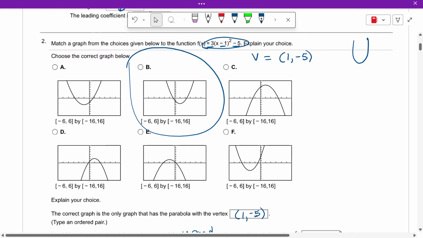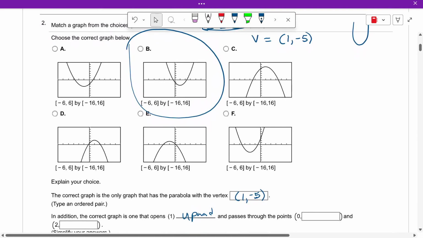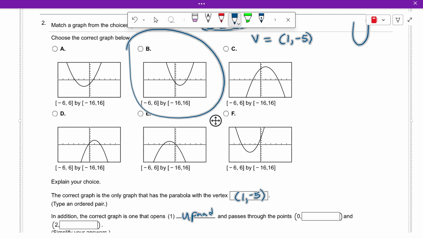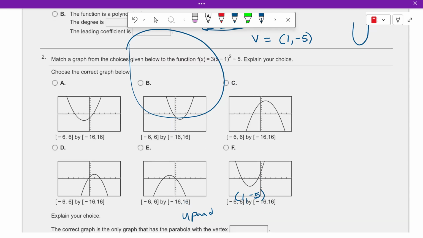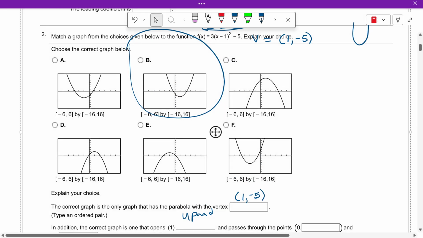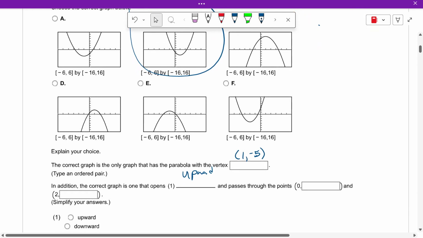So to figure out where it passes through on this one, to figure out 0 whatever, you have to figure out, if the x value is 0, we plug it in. Okay? So if we plug in a 0, 0 minus 1 is -1. -1 squared is 1. Times 3 is 3. Minus 5 is -2. So 0, -2.